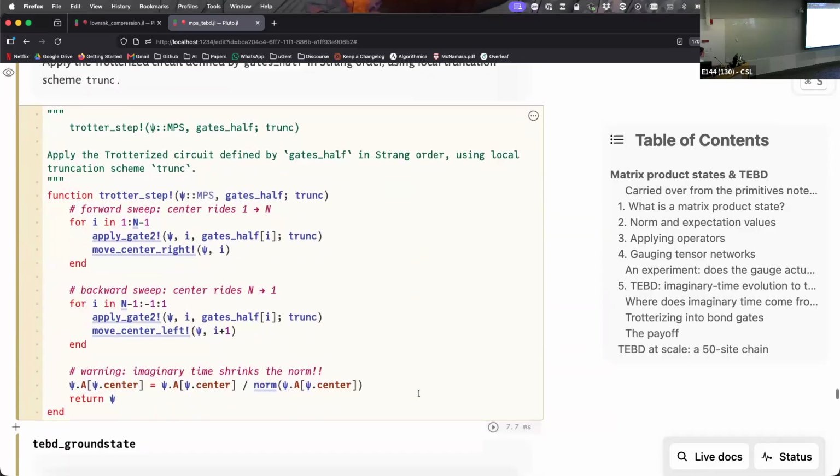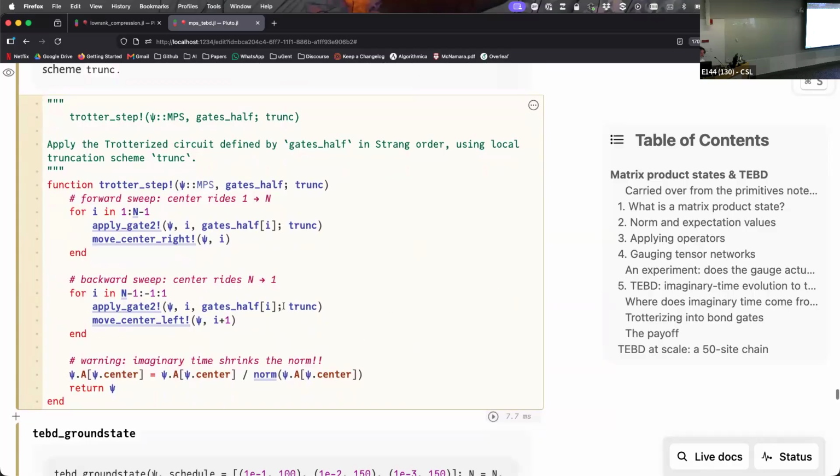So then what does a Trotter step look like? Well, we go from left to right, we apply a gate and we truncate. Then we move the center one step over to the right, and then we apply a gate and truncate again. And I think this has to be +1 actually. Oh, yes, like this. Gotta check the conventions in the move center right function.